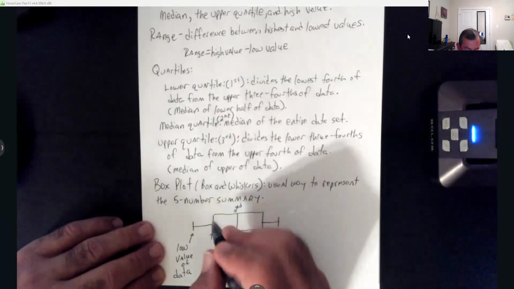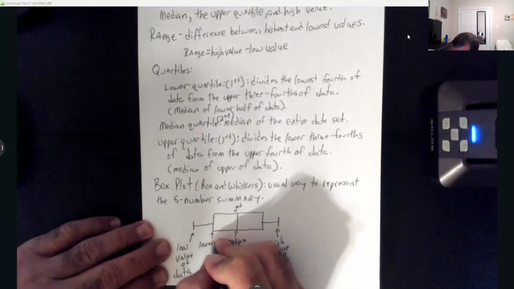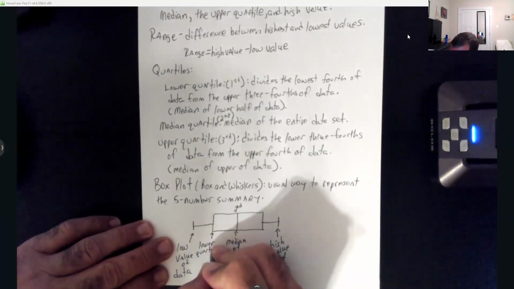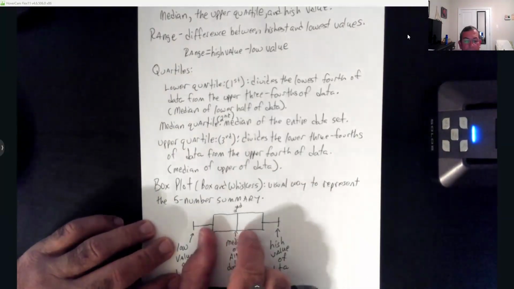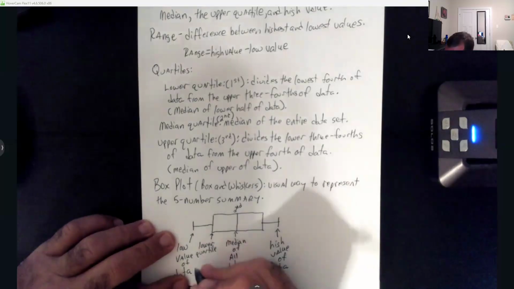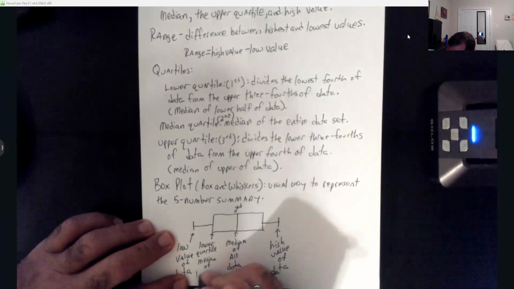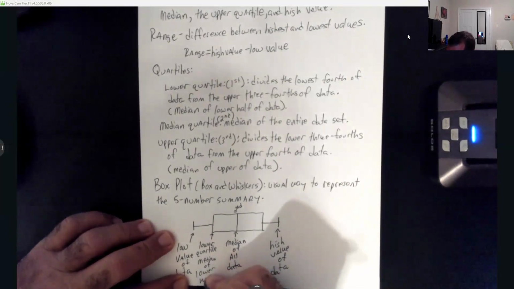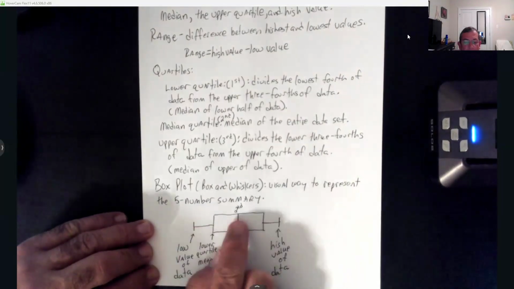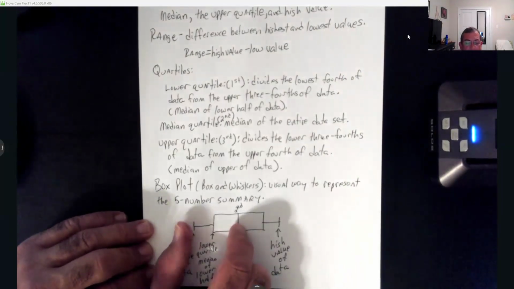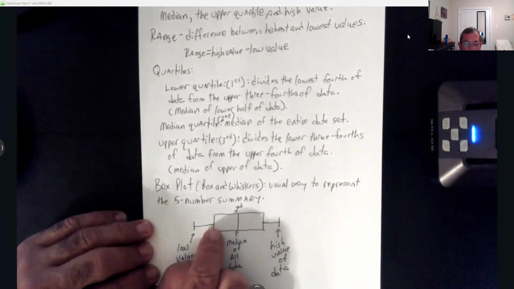It represents the lower quartile. And remember, it's the median of the lower half of your data. Okay, so once I know the median of the overall data, I take my lower half of data and find that median to get my lower quartile.